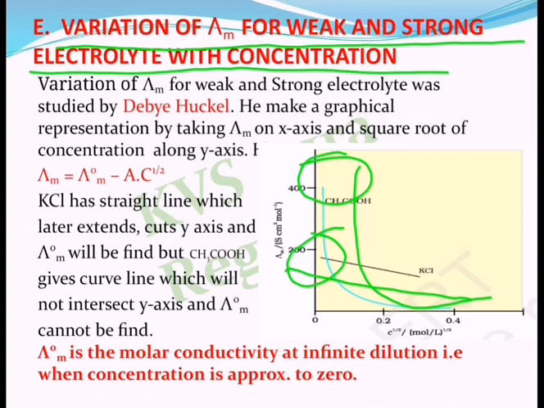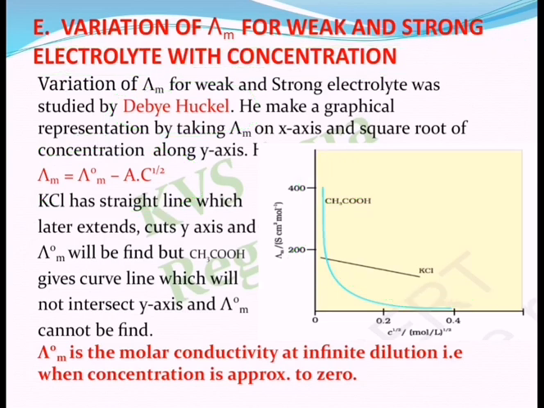Here the Debye-Huckel relationship, named after the scientists Debye and Huckel, failed to calculate the molar conductivity at infinite dilution of a weak electrolyte. This is the relationship that he gives while drawing the graphs. I hope you understand.